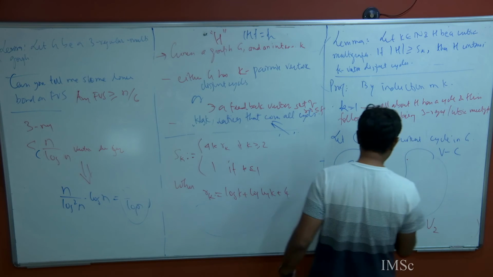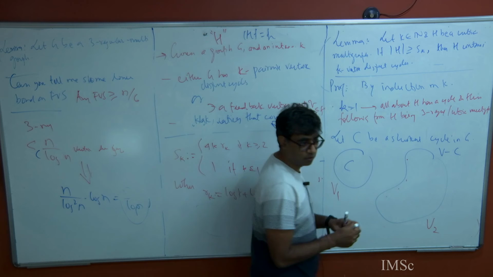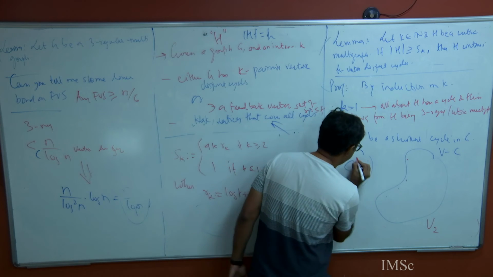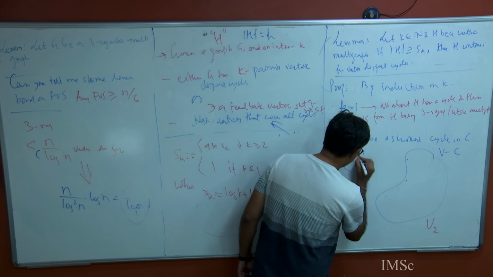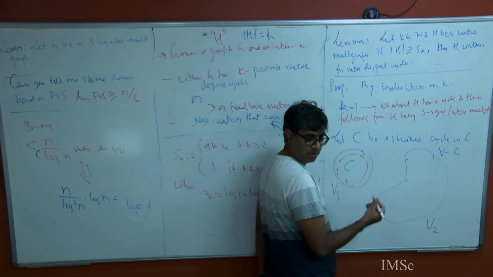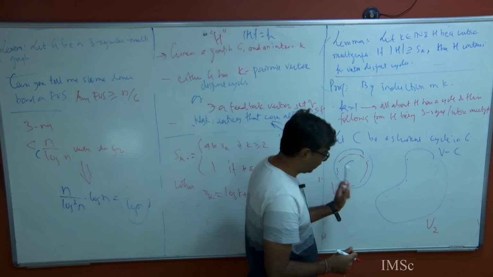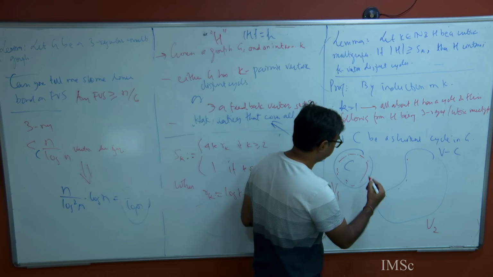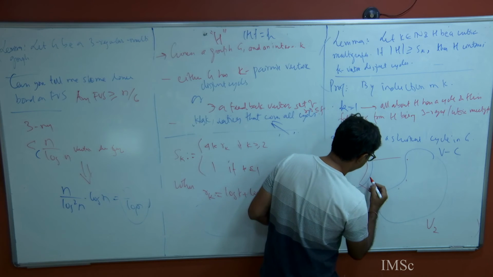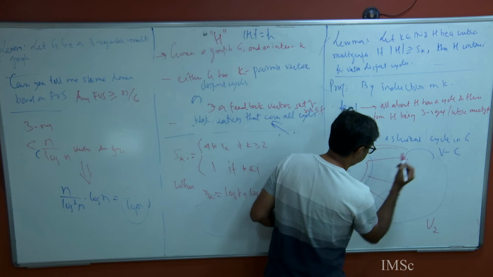In the beginning, look at the edges that are going across. This is basically a cycle, right? And it's a shortest cycle, so everyone has at most one edge going out like this.